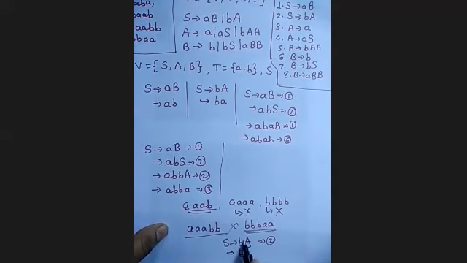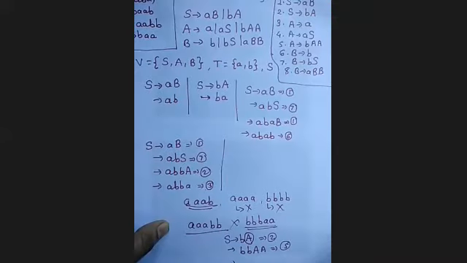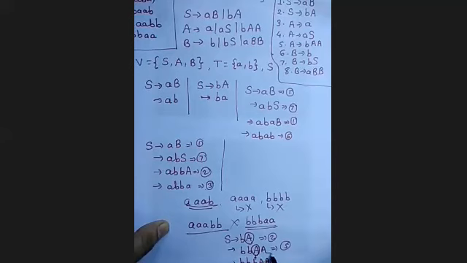This A is replaced by BB. Okay. Then again rule number 5. Rule number 5 is A replaced by BAA. This A is as it is. So rule number 5 you applied.